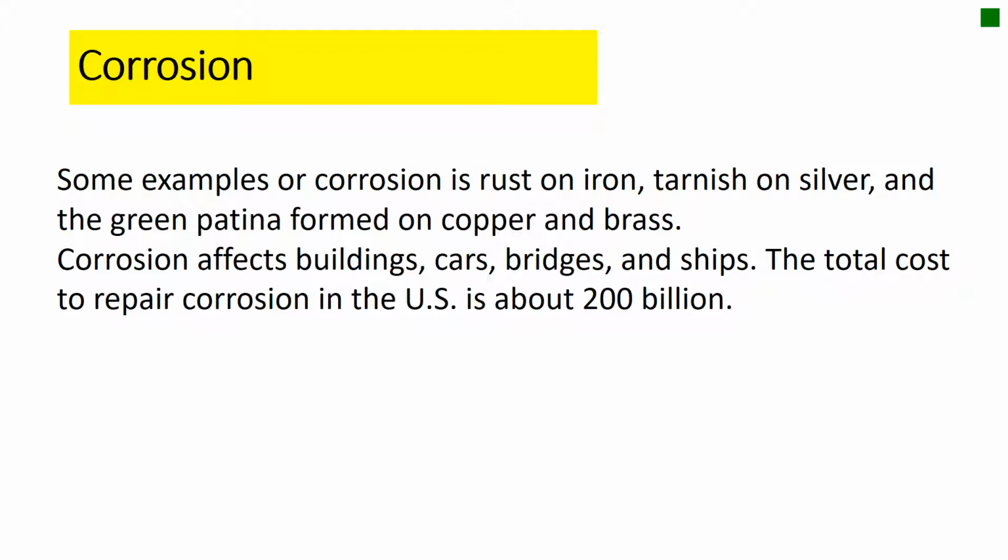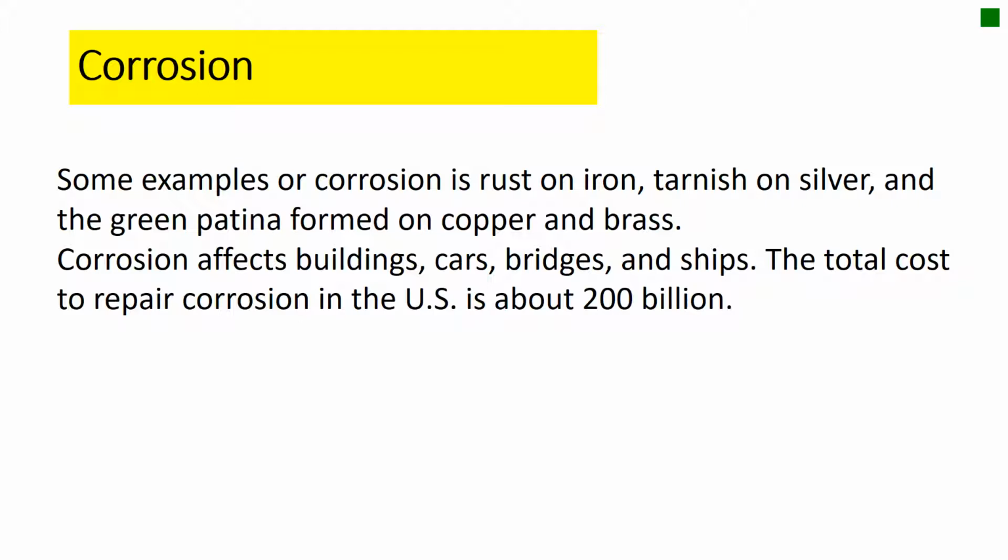It affects the United States economy by costing about $200 billion to repair all of the corrosion that's happening, and we really don't see it. We just see, oh, that nail is rusting, oh, the building is rusting, but it's really something so normal that we think it's not a big deal, but it's happening all over the United States.